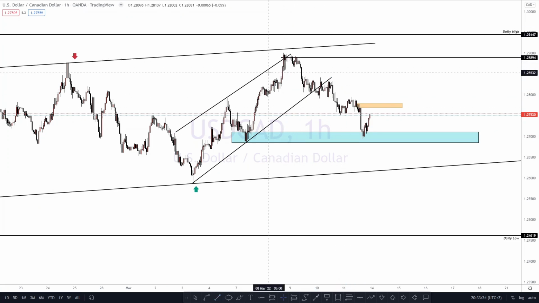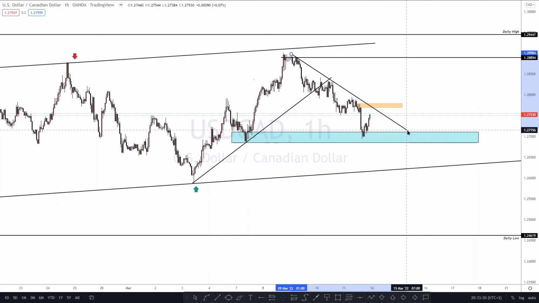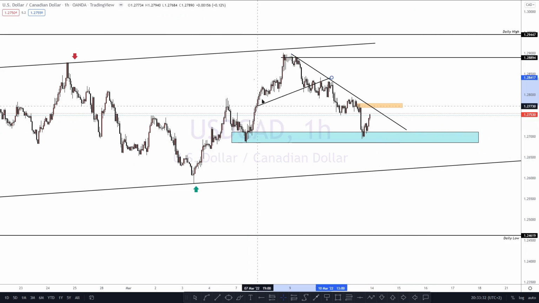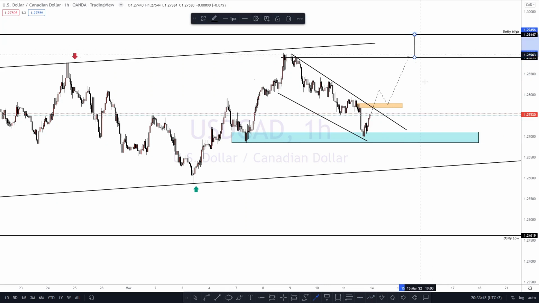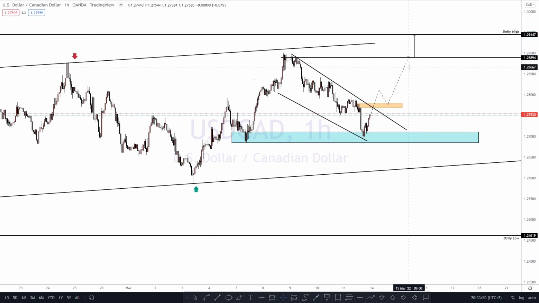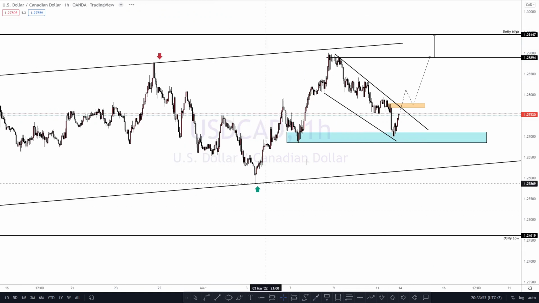But for now, we could anticipate that it's going to continue, but we shouldn't be so blind to see that it's also doing another channel to the downside, another falling channel that could easily be broken to the upside and retested and then come here. And if we do have that, then it means we're also gonna have a push to the upside to just here, daily high, and then from there we'll just see what the market will be doing.